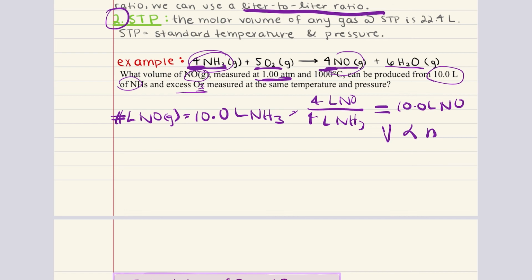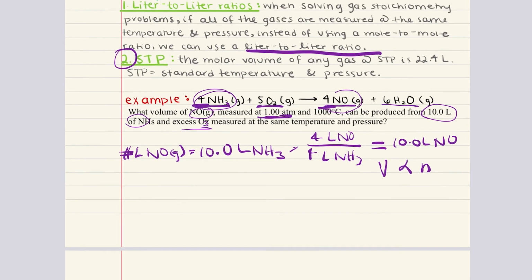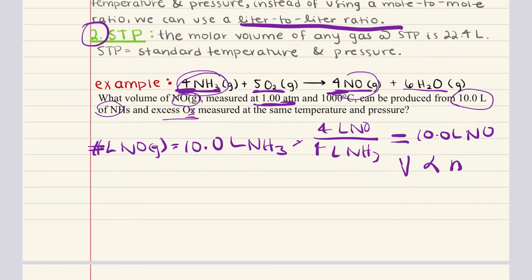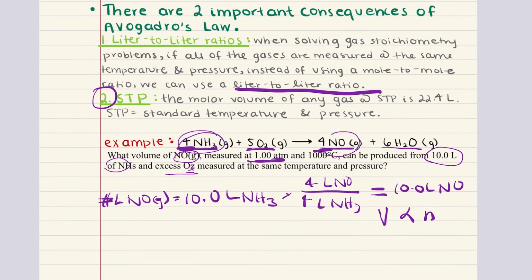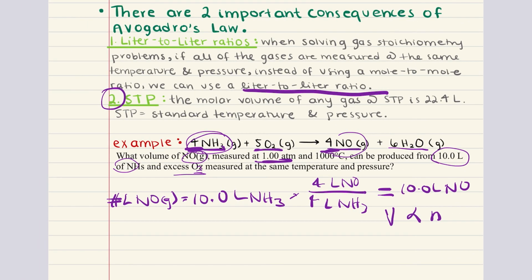Remember, you can use liter-to-liter ratios for gases, but not solids or liquids. And you can use liter-to-liter ratios only when gases are measured at the same temperature and pressure. Those are the important caveats of these points.